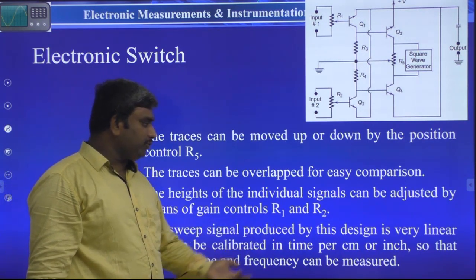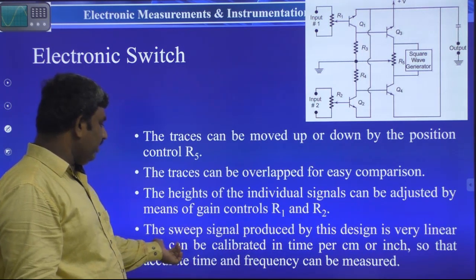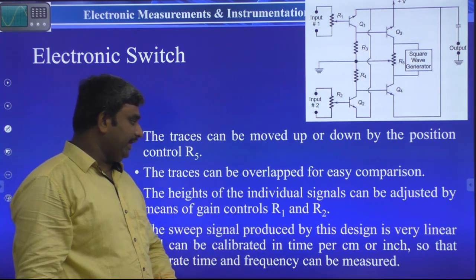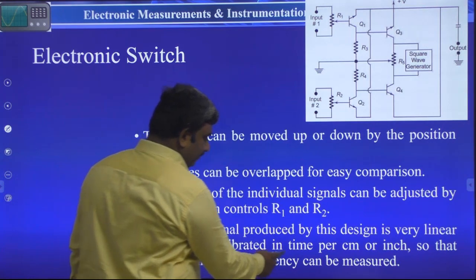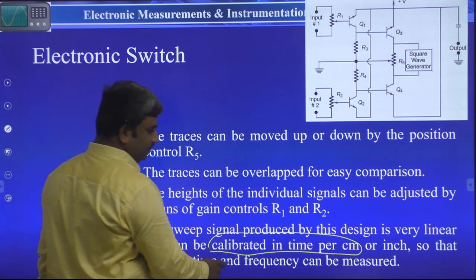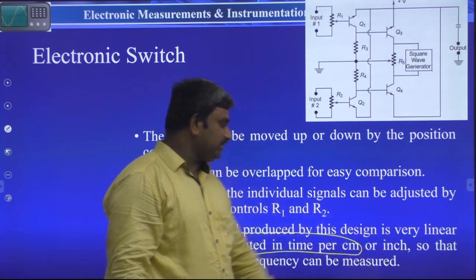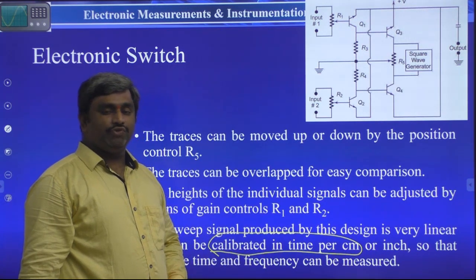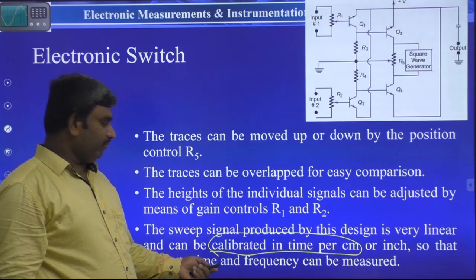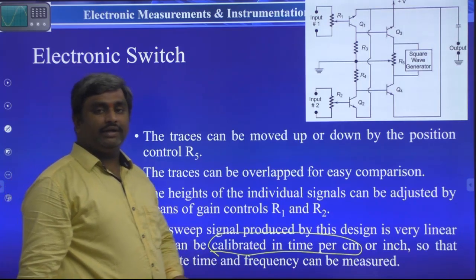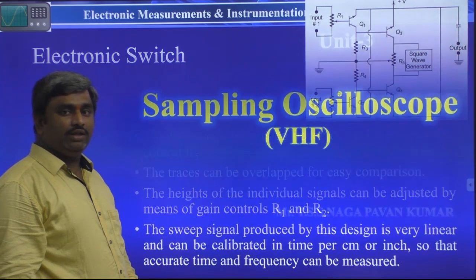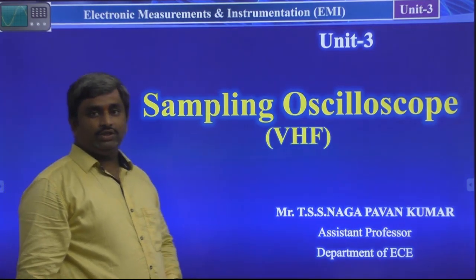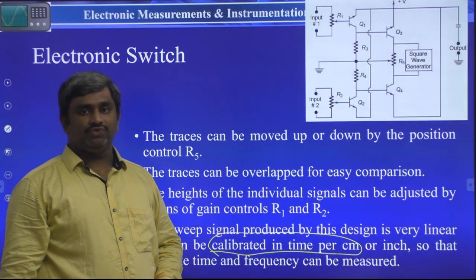The sweep signal produced by the design is very linear and can be calibrated in time per centimeter, or inches, so that accurate time and frequency can be measured. So for measuring accurate time and frequency, we can calibrate the signal's behavior in a particular time. Right, so this is about the electronic switch.